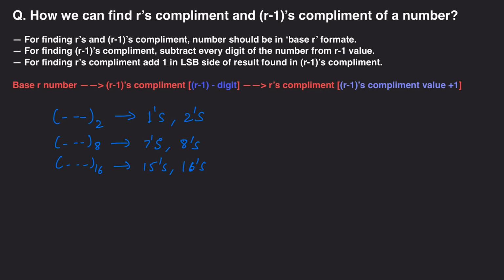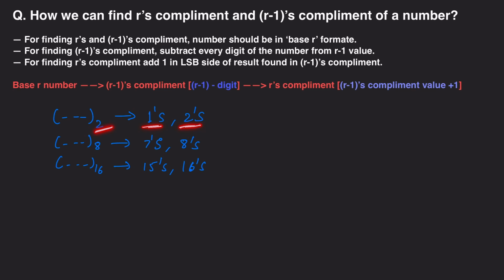So for finding any r or r minus 1 complement, the base should be in r format. Or in the reverse way, if the base is in r format, we can find only r minus 1 or r's complement.